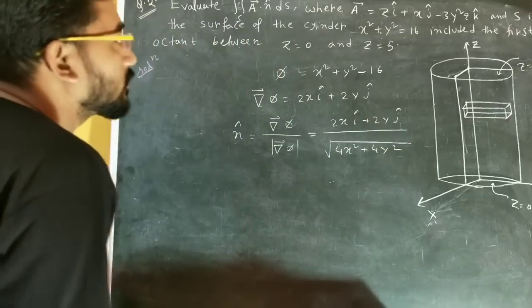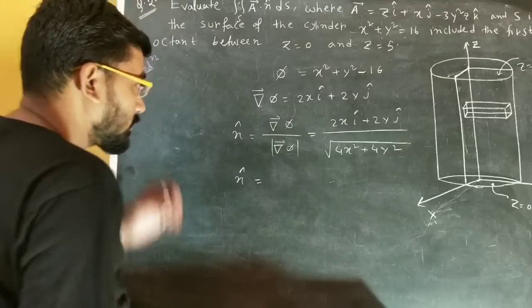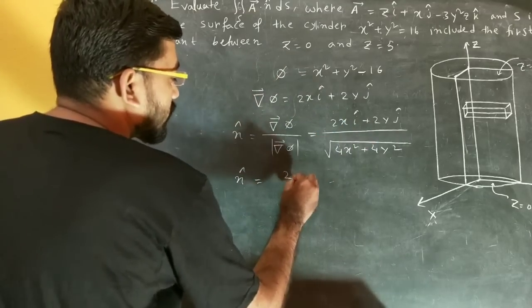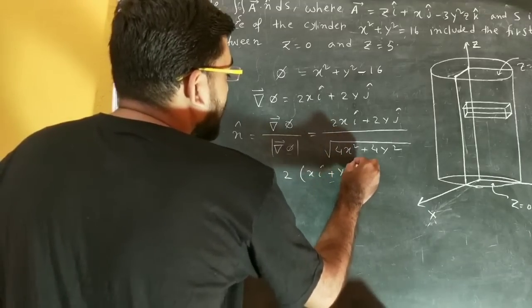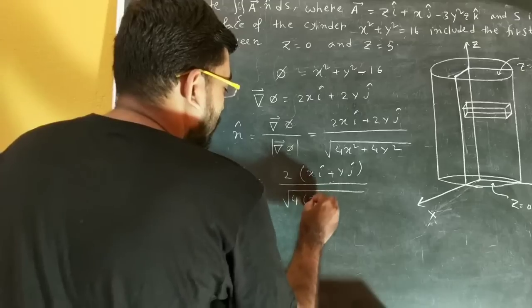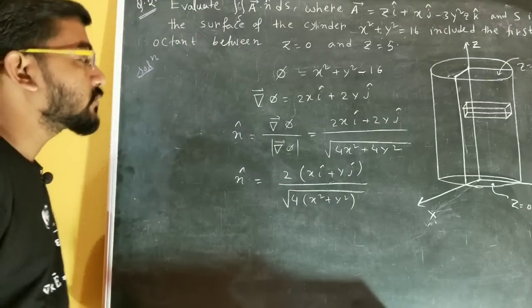Okay, so let me solve it further. n cap is equal to 2 into (x i cap plus y j cap), taking 2 common. Now in the square root, if you take 4 common, it will be x square plus y square. Now what is x square plus y square?